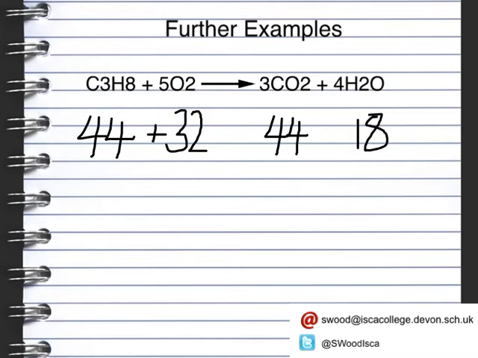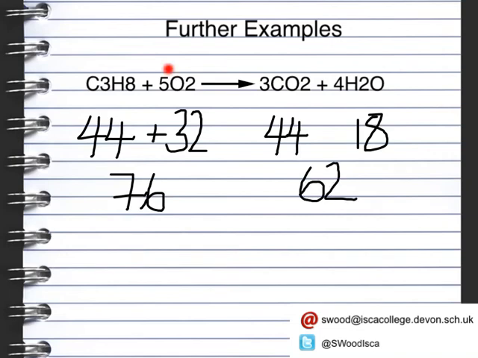Now we can see here quite clearly that we've got a difference in the amount of mass of the reactants and the mass of the products. So if we total up the reactants, we get 76, and if we total up the products, we get 62. So this doesn't add up.